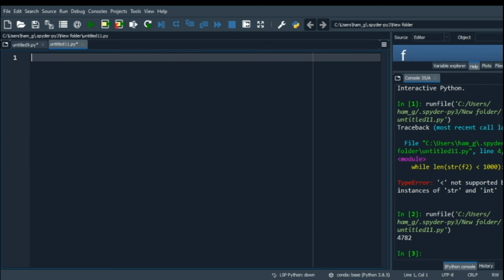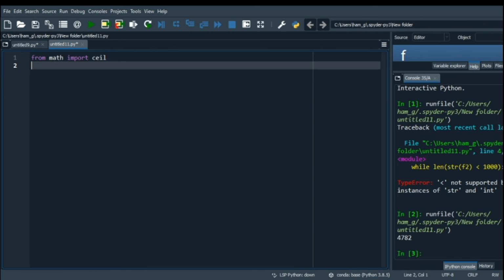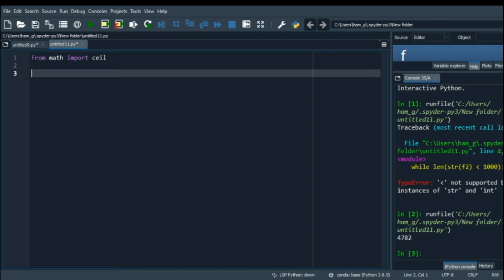Right. So I'm going to import ceiling from math anyway. So from math import ceil. Then what do we want? So we'll have top, which is... oh, we need logs as well, don't we?